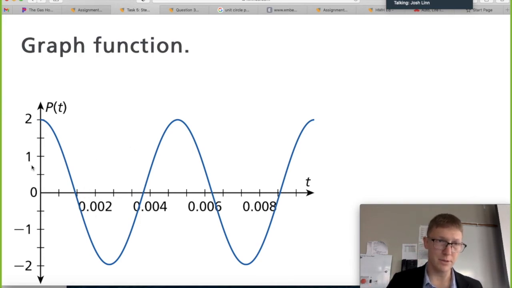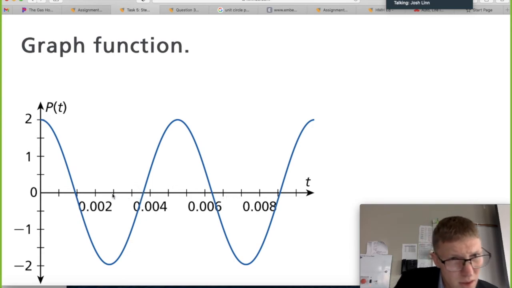So again, our amplitude is 2, -2, and our period is 0. So this is 4, and that's 6. This is hard to see. Figure out which one. I think this is 0.2.